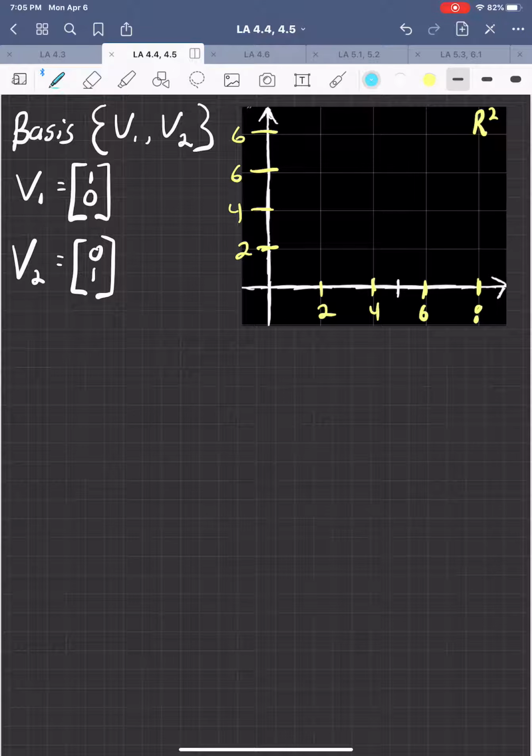Now, what I'm going to do right now is go ahead and graph v sub 1. So this would be v sub 1. And I'll go ahead and graph v sub 2. So x is 0, y is 1.